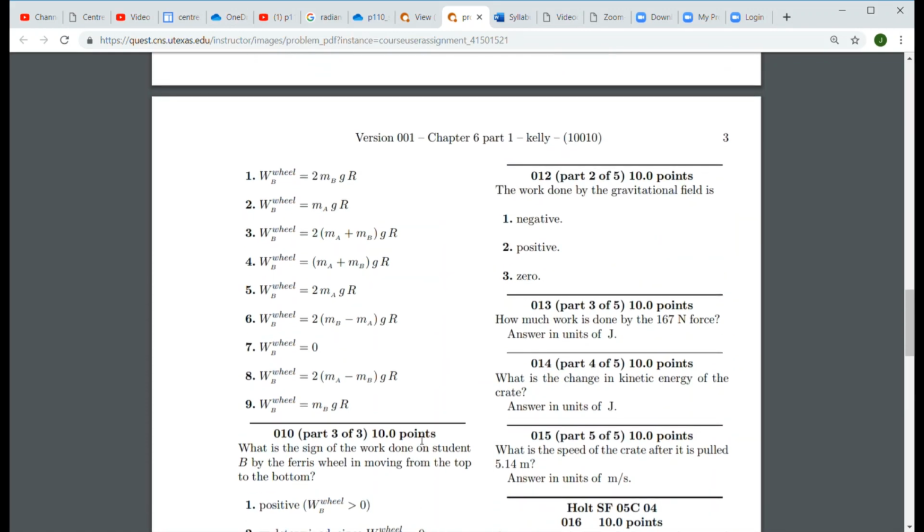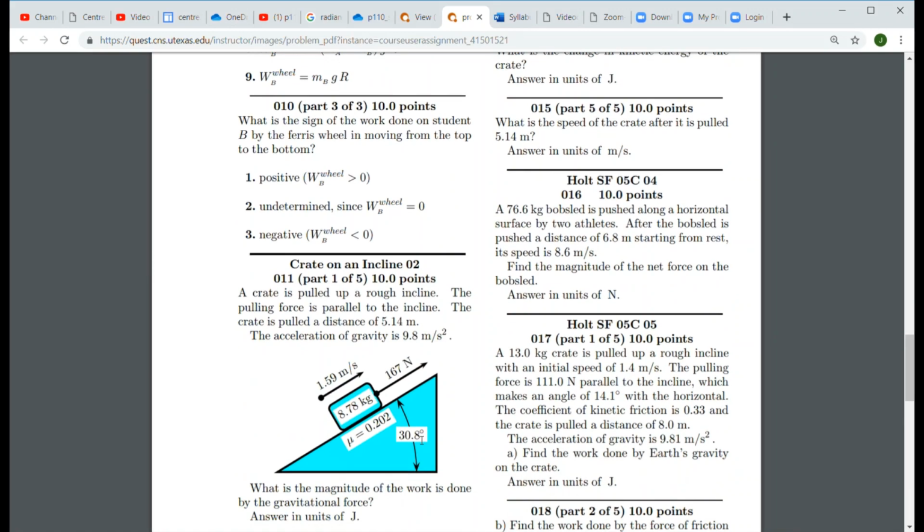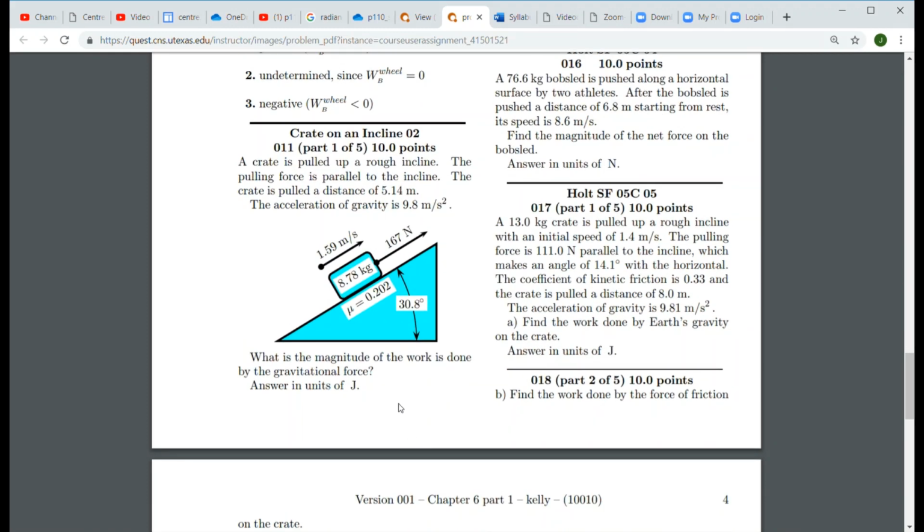Okay, in this case, to calculate our answer here, the gravitational force of course is going to do negative work, but we don't want to put a minus sign in because they're asking for the magnitude of the work only. So we want the magnitude of the gravitational force along the incline direction, and that would be mg times the sine of 30.8 degrees.